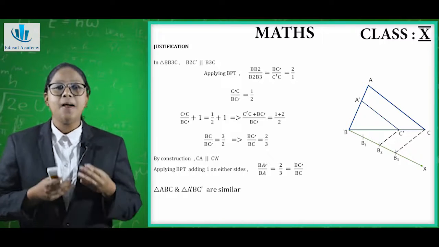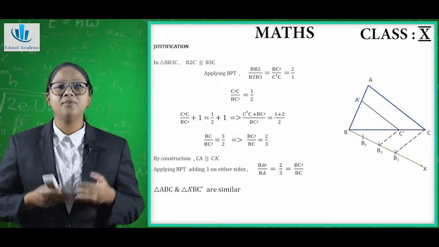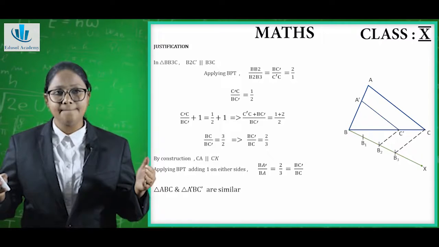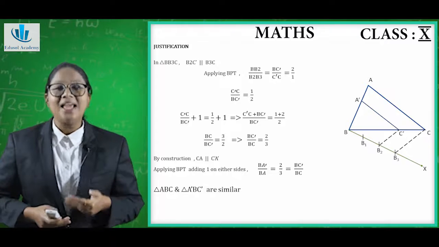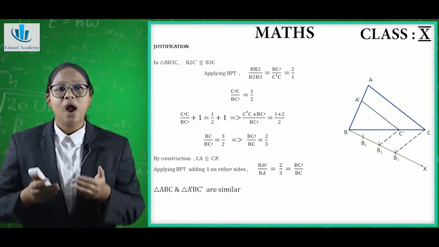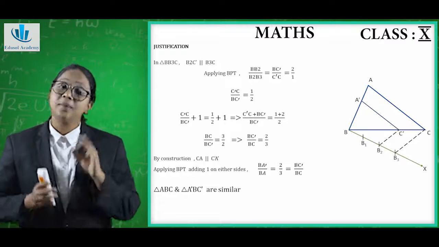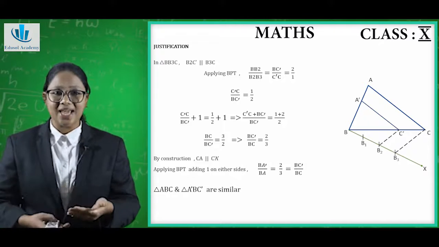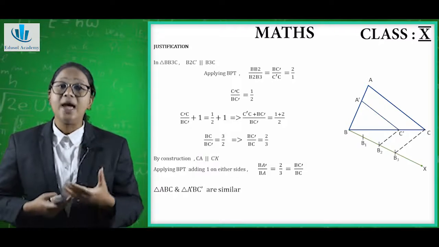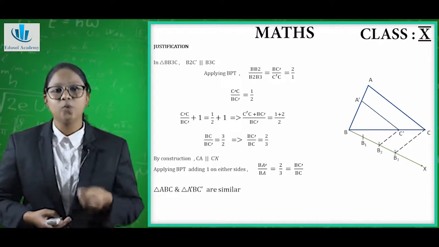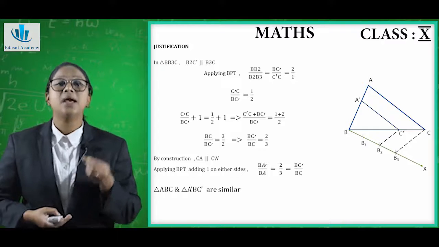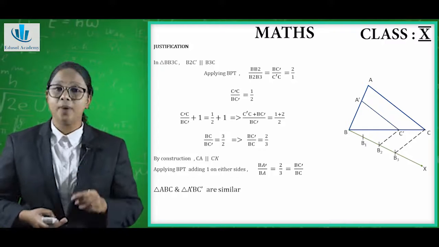C dash C plus BC dash will give you the total length BC. So the equation will become BC by BC dash is equal to 1 by 2 plus 1, which is 3 by 2. Or reciprocating, we can write it as BC dash by BC is equal to 2 by 3. So BC dash by BC is equal to 2 by 3.